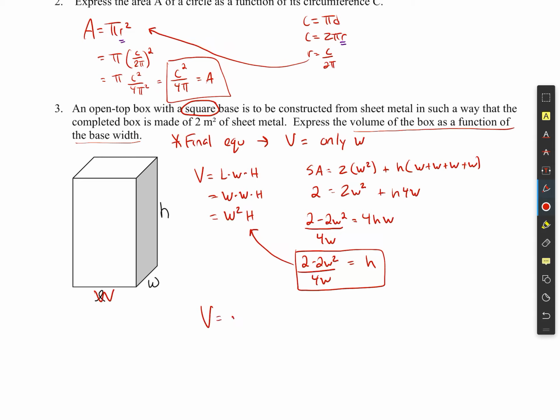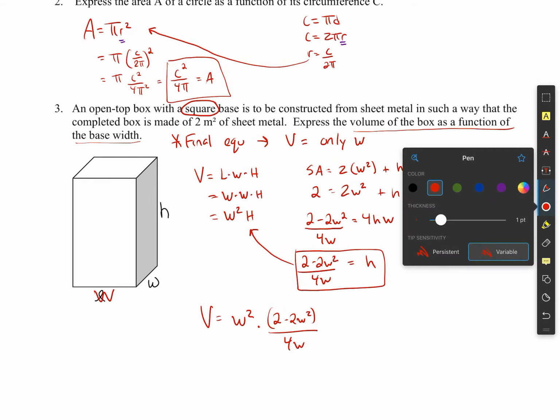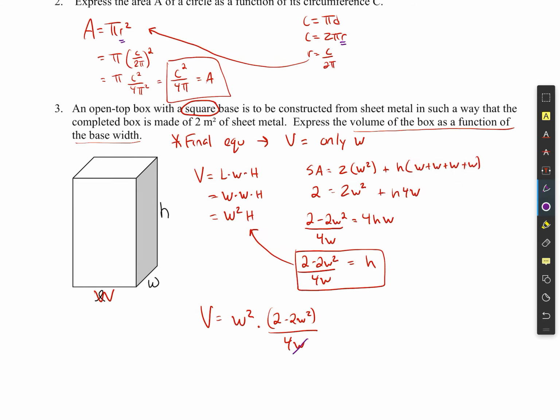So volume equals w squared times 2 minus 2w squared over 4w. A little simplifying here. Cancel that w. Give me 1w up top. 2w minus 2w squared over 4, which in this situation... wait a second, where did I mess something up?